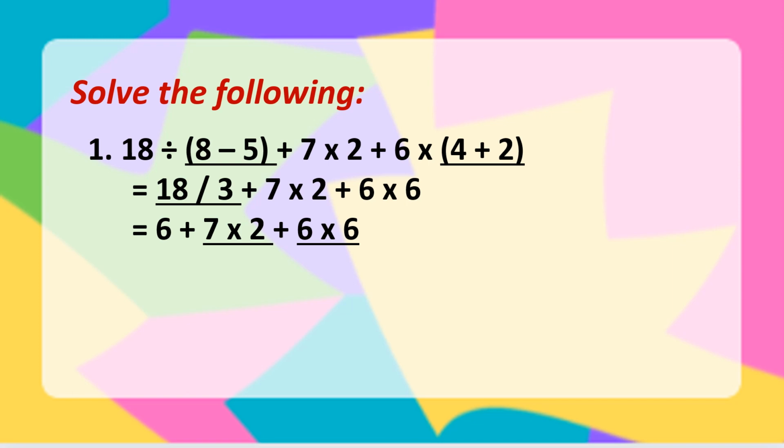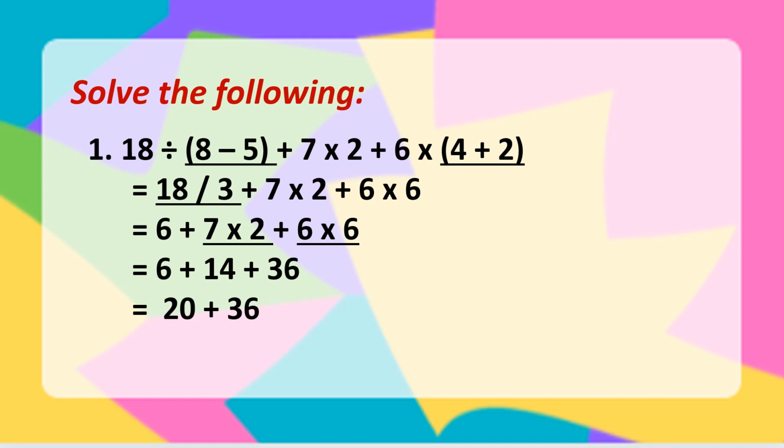We need to eliminate first the multiplication operation. So 6 will be copied, plus 7 times 2 plus 6 times 6. So we need to solve first the multiplication operation. So 6 plus 7 times 2 is 14, plus 6 times 6 is 36.